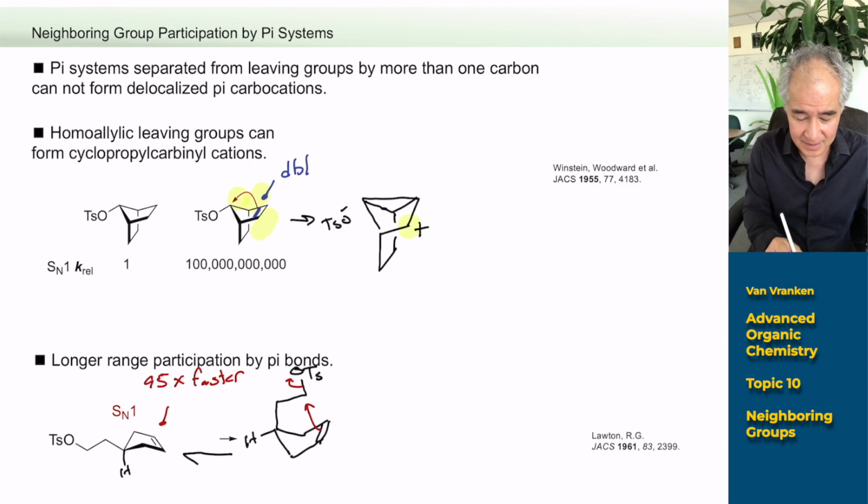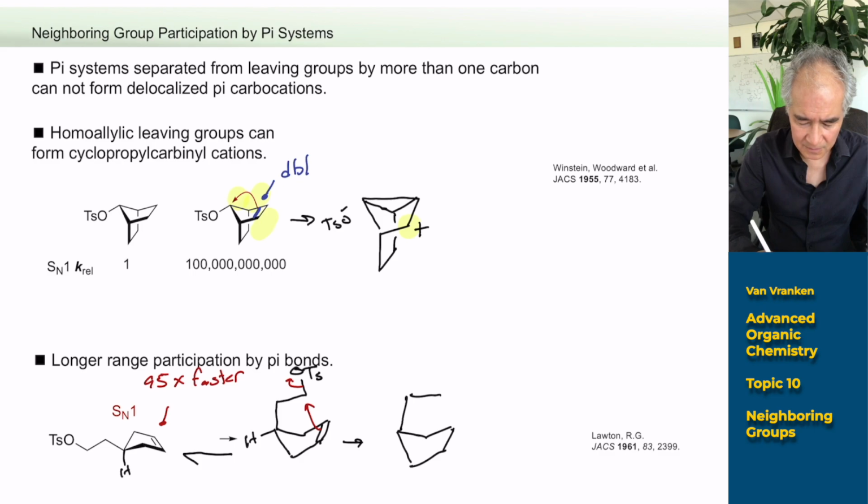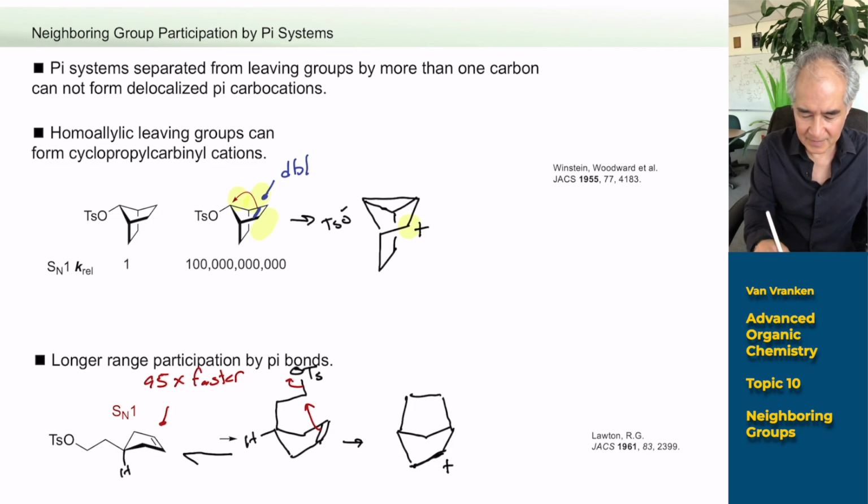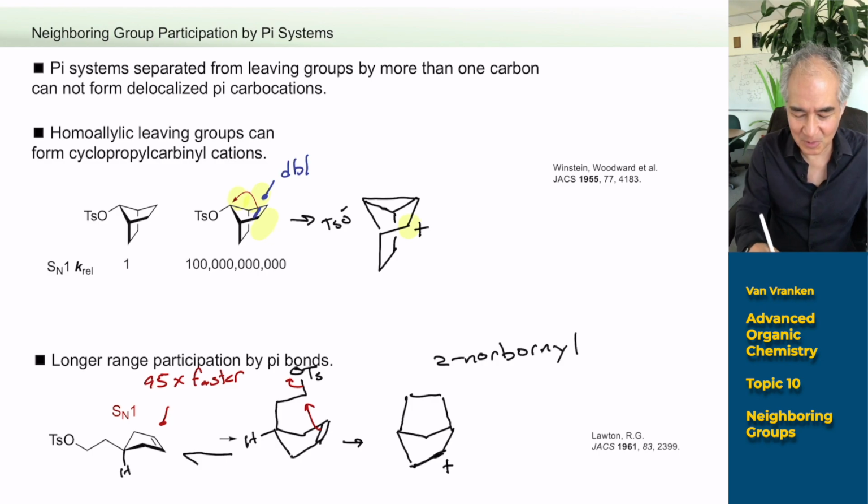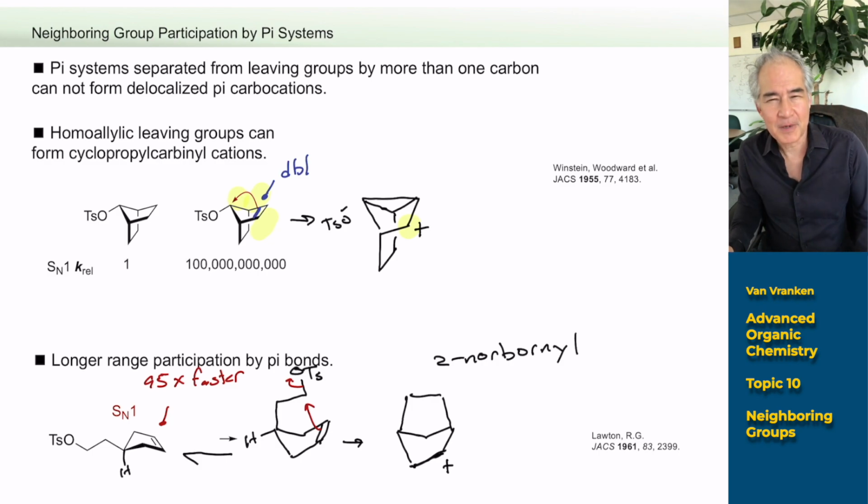But when it does, you'll end up forming a carbenium ion by using that pi bond. You can form a carbenium ion. And I don't know if this was obvious to you, but look at this carbenium ion. That's a 2-norbornyl cation. I'm not sure if you recognize that, but it's our old friend, the 2-norbornyl carbenium ion. And we've seen those before.